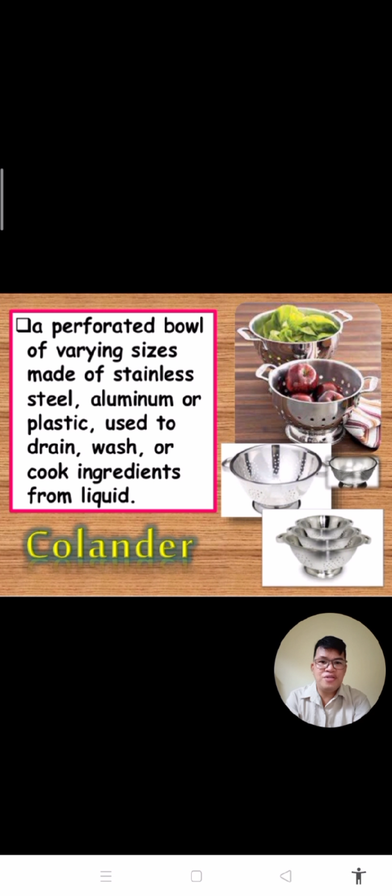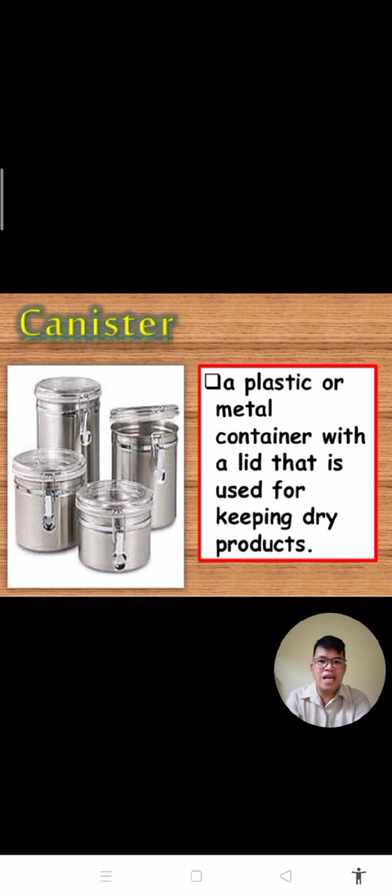Okay, I know na nakakita na kayo ng ganyan, steamer. And we also have your colander. Napakaraming ganyan sa school natin, which I know na nagamit na ninyo yan. A perforated bowl of varying sizes made of stainless steel, aluminum, or plastic, used to drain, wash, or cook ingredients from liquid. Okay? O, canister.